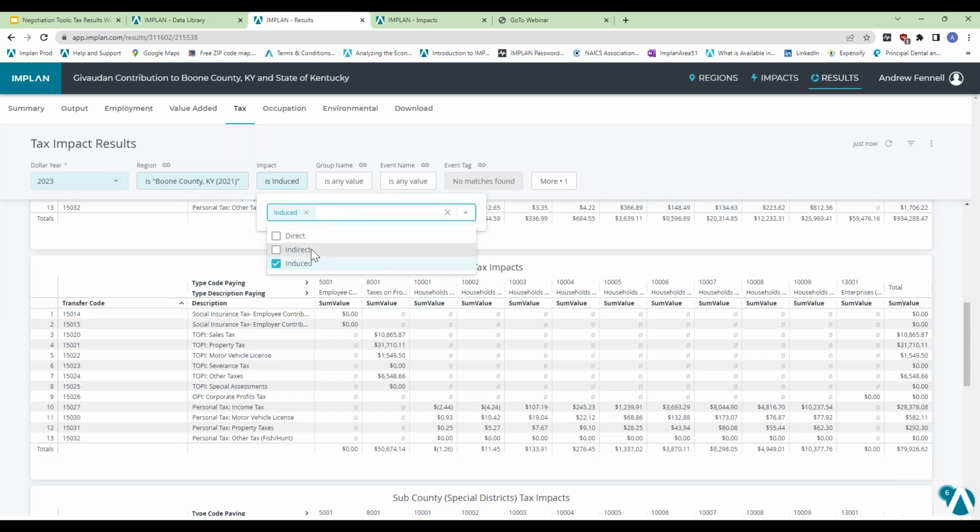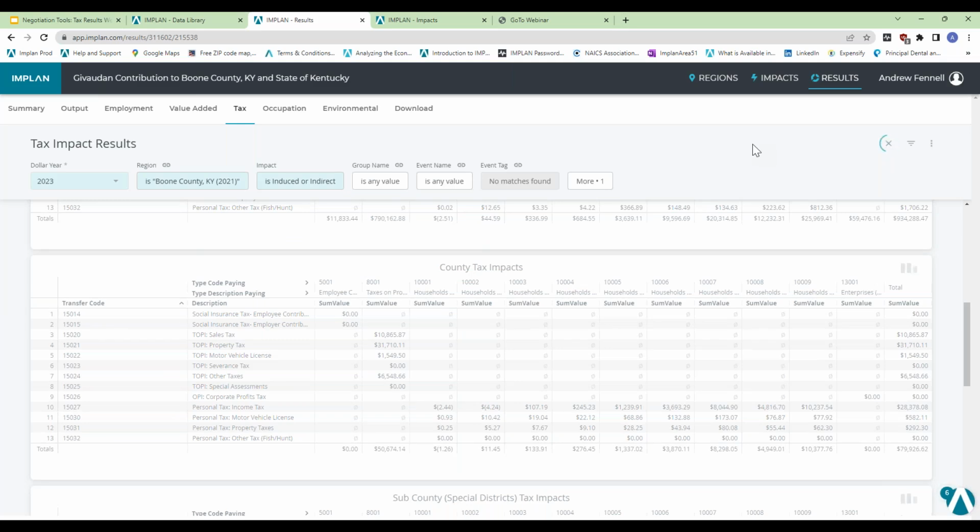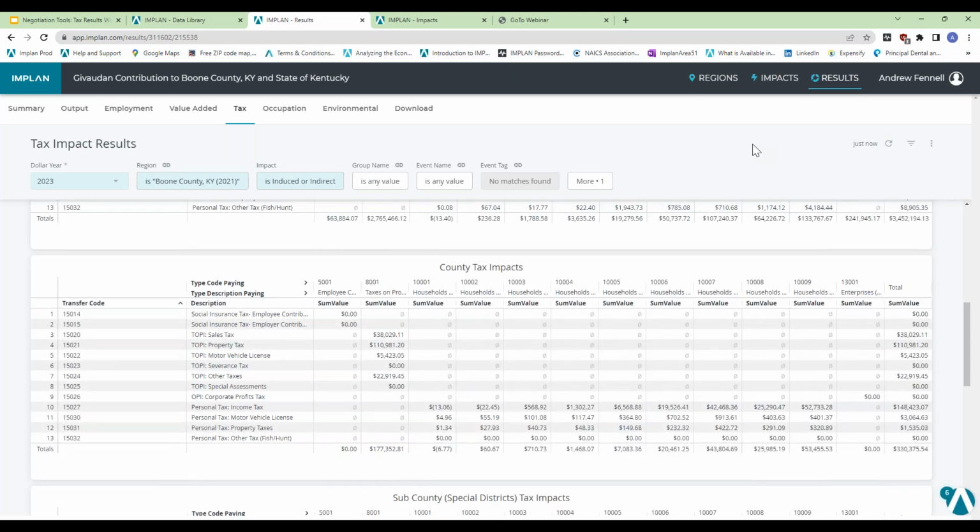This is an extremely important piece to include when looking at an analysis for understanding their tax impact. And many times, if I'm working directly on behalf of a business, I can include their direct taxes from my own estimate that I've worked with them to get, but then use IMPLAN's indirect tax impacts to show that $330,000 of county taxes at that bottom right, that's the additional amount of county taxes that would potentially be lost if this business were to stop operating in the area, whether it be leaving or closing. I can include this in a report in IMPLAN as well.